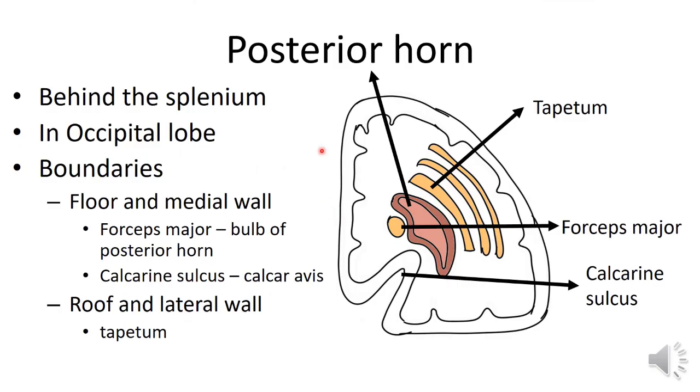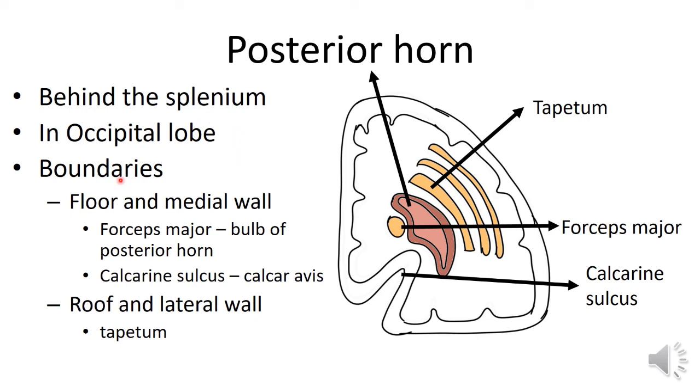This is the section at the level of the posterior horn. The one you see here is the posterior horn. The posterior horn lies behind the splenium of corpus callosum in the occipital lobe.